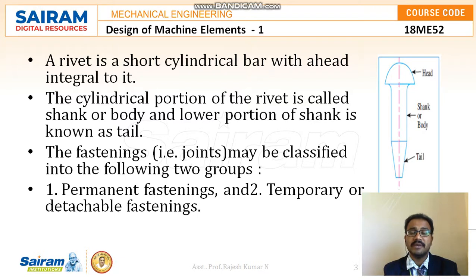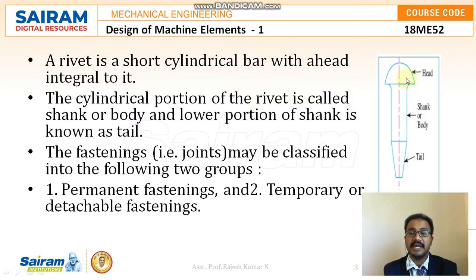So what is a rivet? What is the shape of the rivet? Here you can see a small structure, and the parts are labeled. The top part is called the head, the center part is the shank or body, and the bottom part is the tail. We can define a rivet as a short cylindrical bar with a head integral to it.